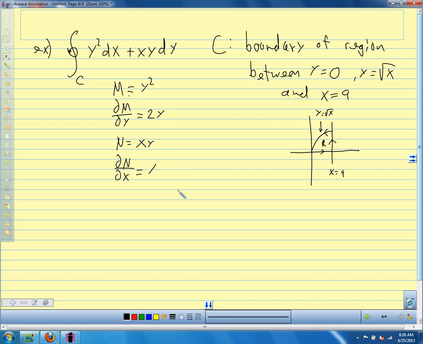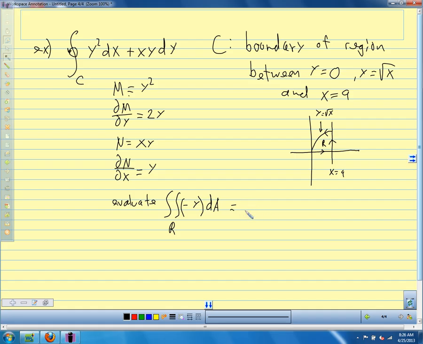So we want to evaluate the double integral over our region of y minus 2y, or minus y, dA.